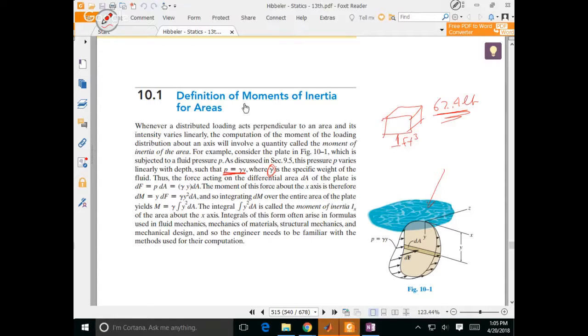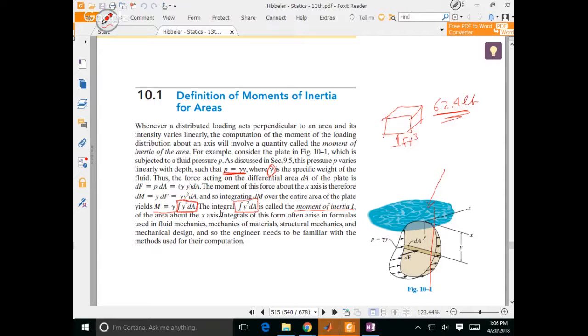So he lists this, and he says anytime there's a linearly distributed force over a plane, then when you work out the moment, you get a term that looks like this. And I probably should zoom in on it, and he pulls it out, identifies it, and calls it the moment of inertia.